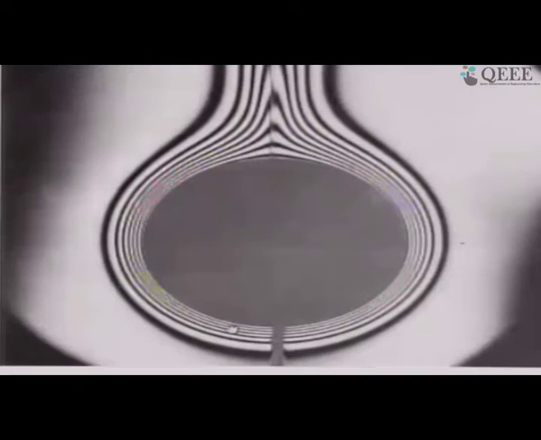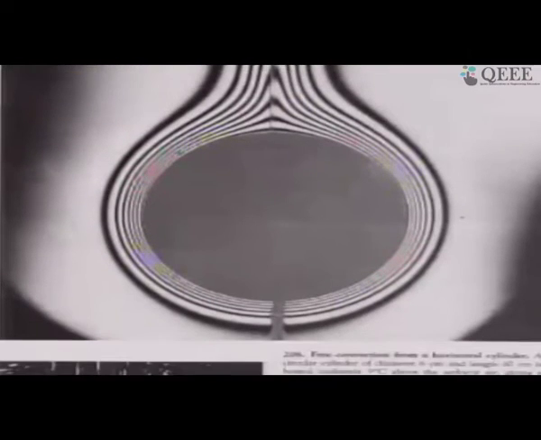And what one sees is that on the bottom portion, if you see this, there are parallel lines, and the cylinder is at constant temperature.